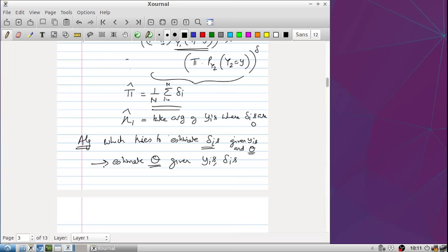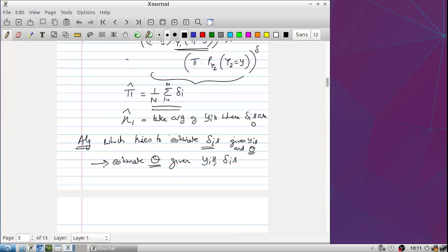The way I've described it, there's some dependency. I want to estimate theta, but I need theta to estimate delta, and I need delta to estimate theta. So there's some dependency in both steps.